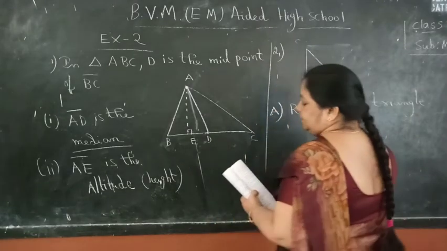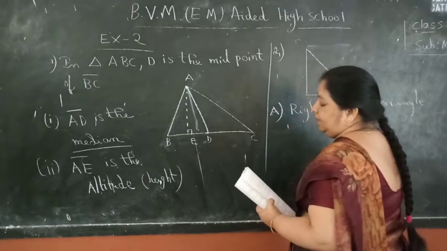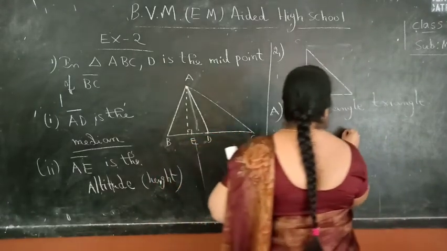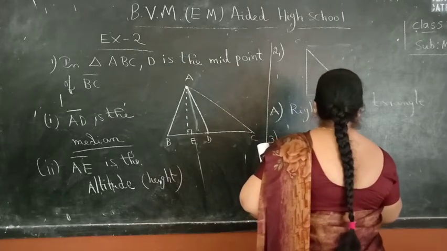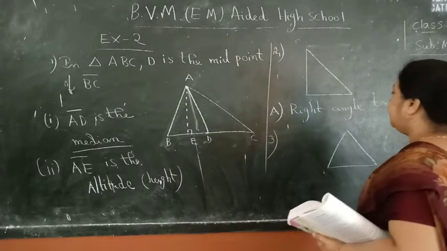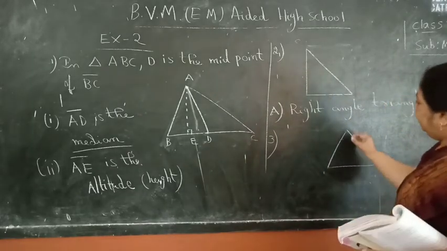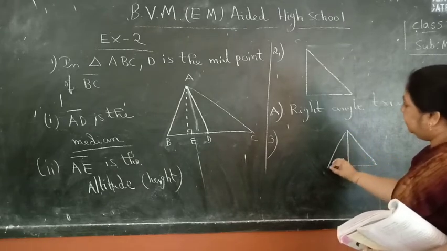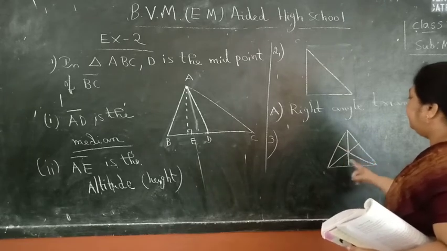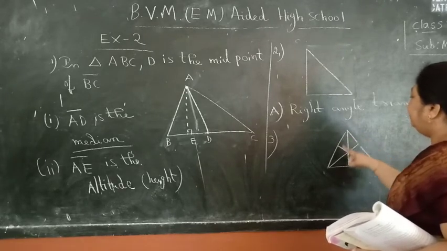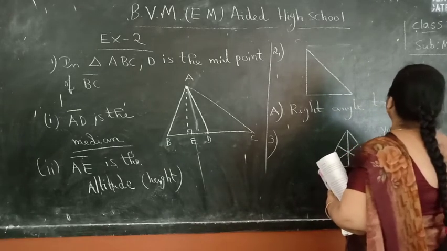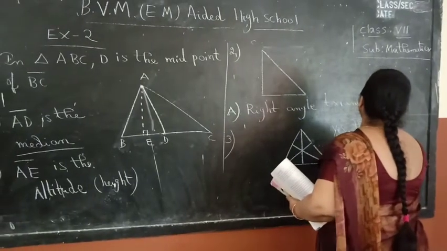Next, third question: does a median always lie in the interior of the triangle? Medians always lie only in the interior of the triangle. These are the medians. So medians always lie in the interior of the triangle.